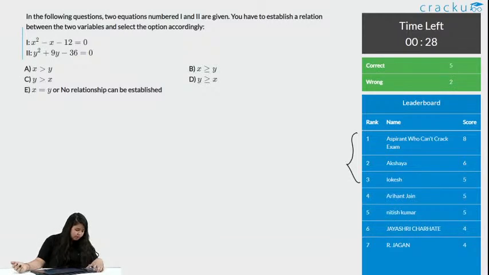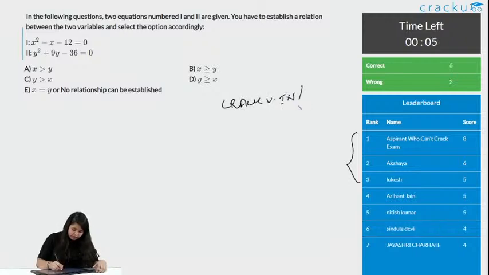Total how many questions? So, Gananeshwar, we have a total of 10 questions in this session, and this is the 8th question. Hi Sparsh, you can come to cracku.in/live to solve the questions.